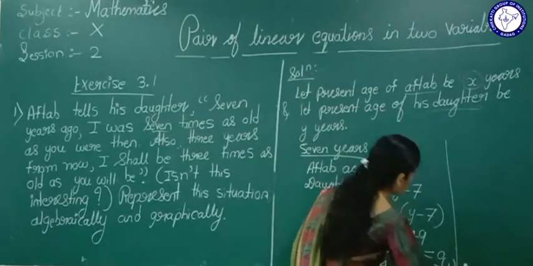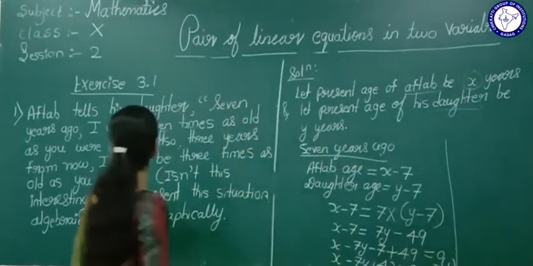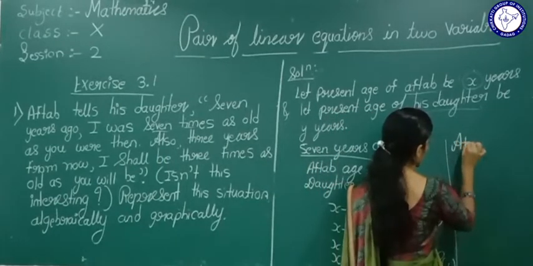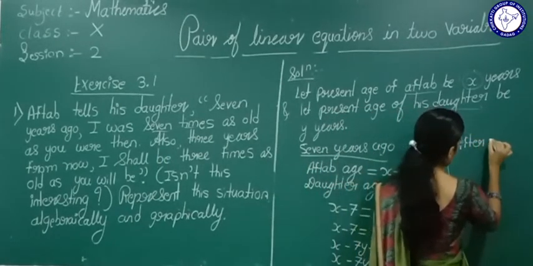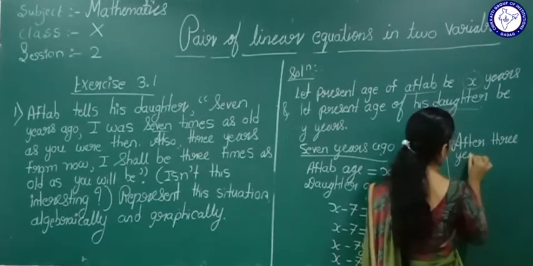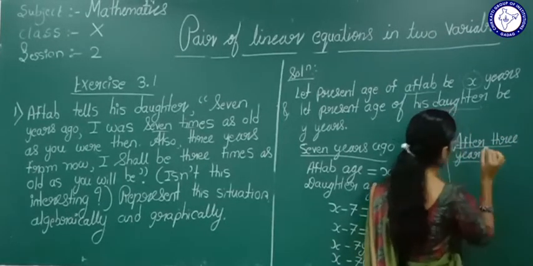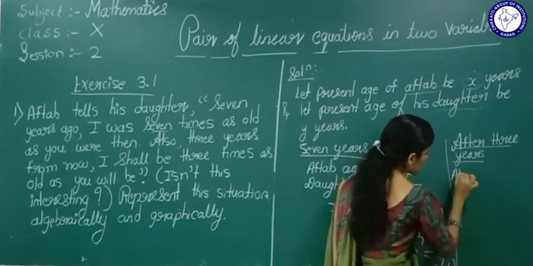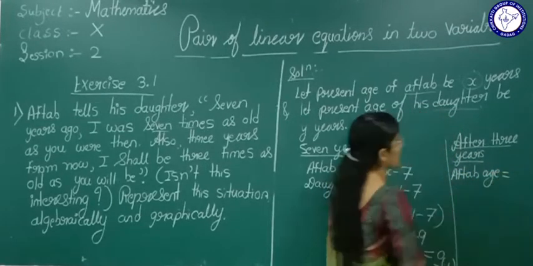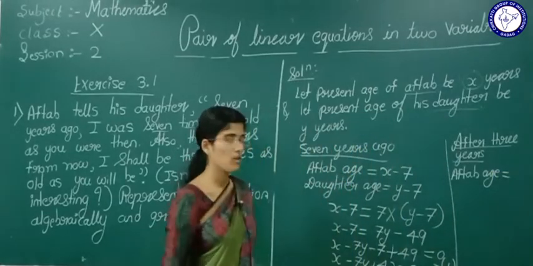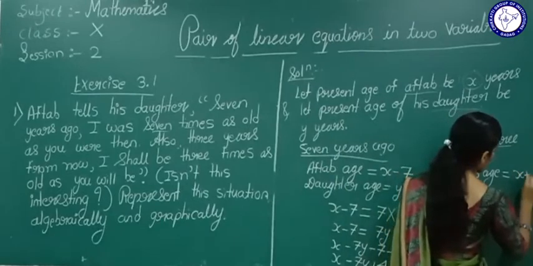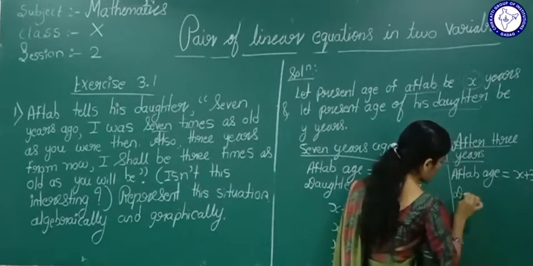Now, after 3 years. Tell me, after 3 years, what is Aftaf's age? The present age of Aftaf is x, so after 3 years it will be x plus 3. What will be the daughter's age?